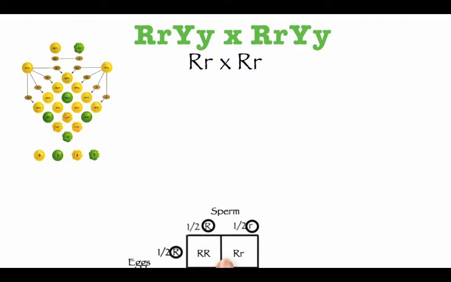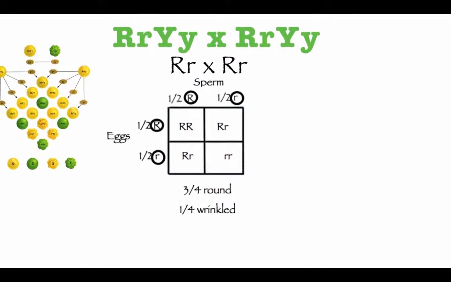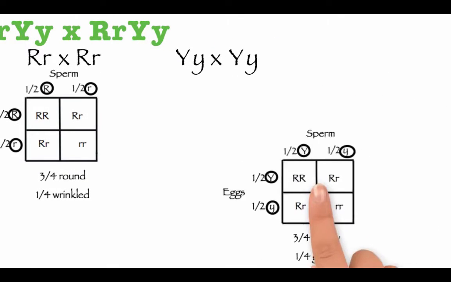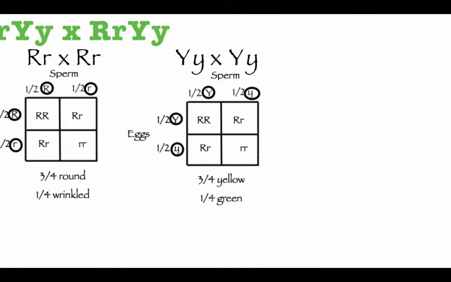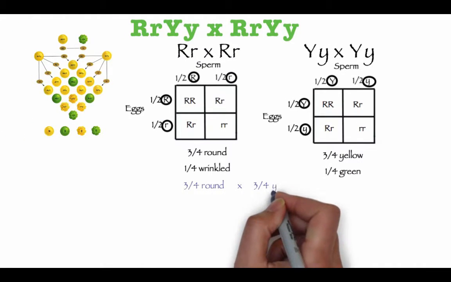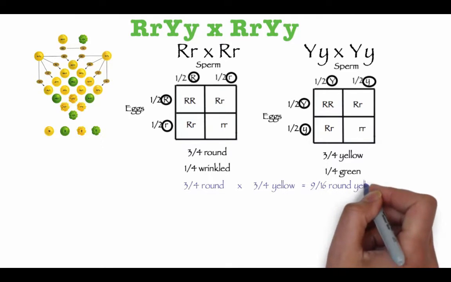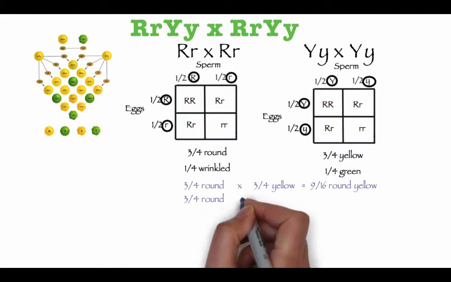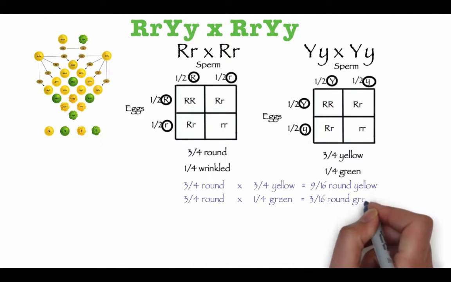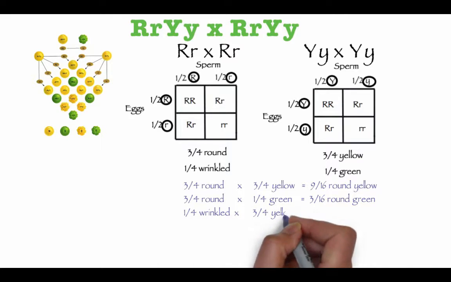Can you see that there's a 3/4 chance for each dominant trait to occur and a 1/4 chance for each recessive? 3/4 round times 3/4 yellow is 9/16 round yellow. 3/4 round times 1/4 green is 3/16 round green. 1/4 wrinkled times 3/4 yellow is 3/16 wrinkled yellow.